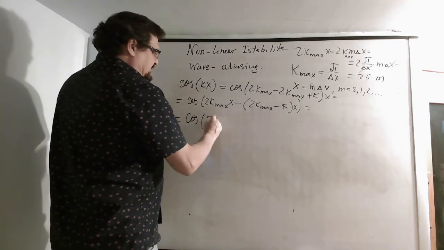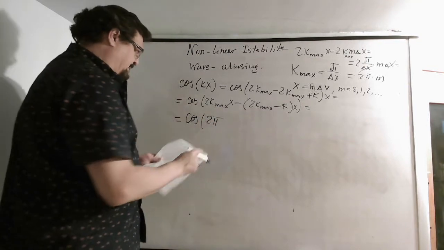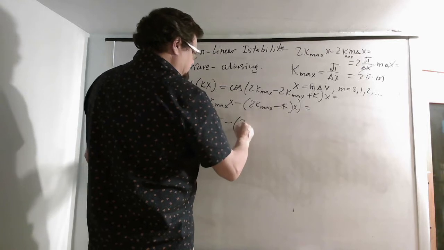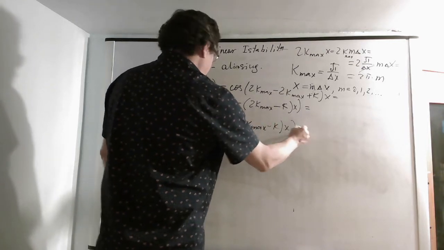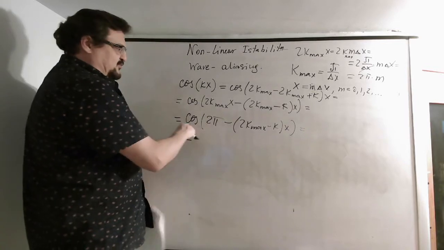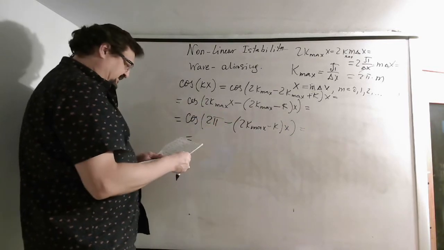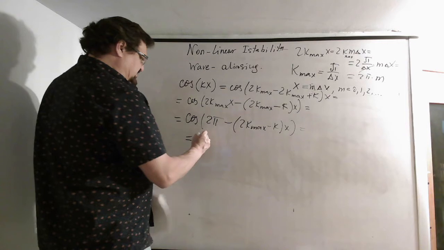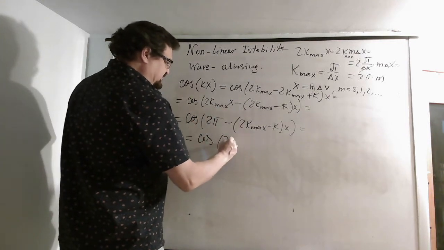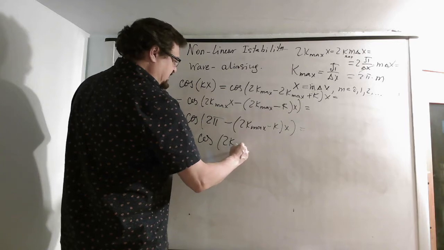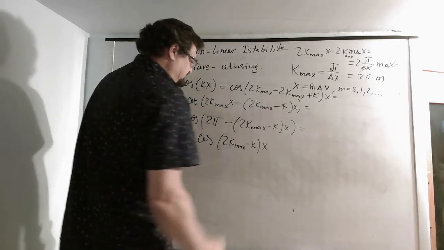So it's 2 pi minus (2k max minus k) x, and this is the same thing, and cosine of minus or cosine of plus is the same thing. So the 2 pi goes away, and you have cosine of (2k max minus k) x.